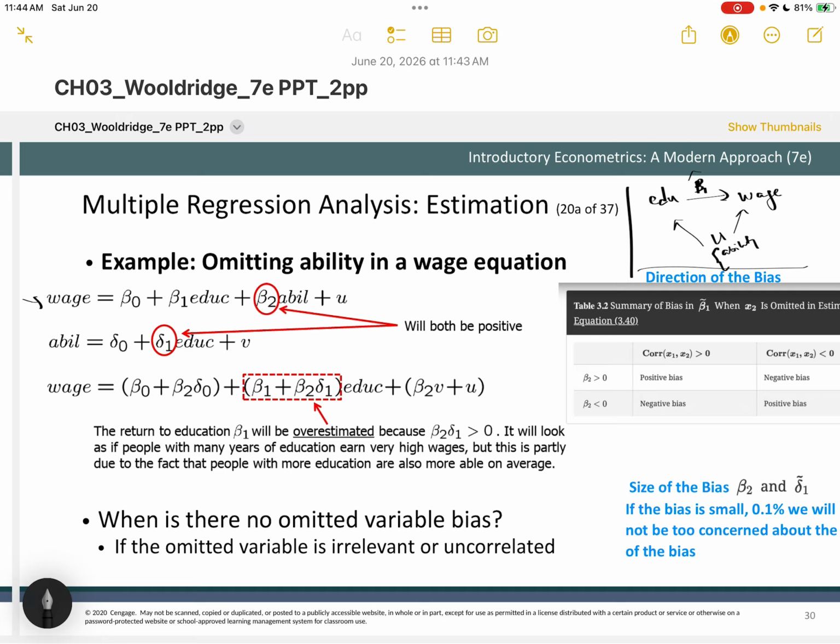So it will look as if higher education increases wage a lot, when in fact it's because more able people are also more educated, which is why that is driving beta 1 hat up.